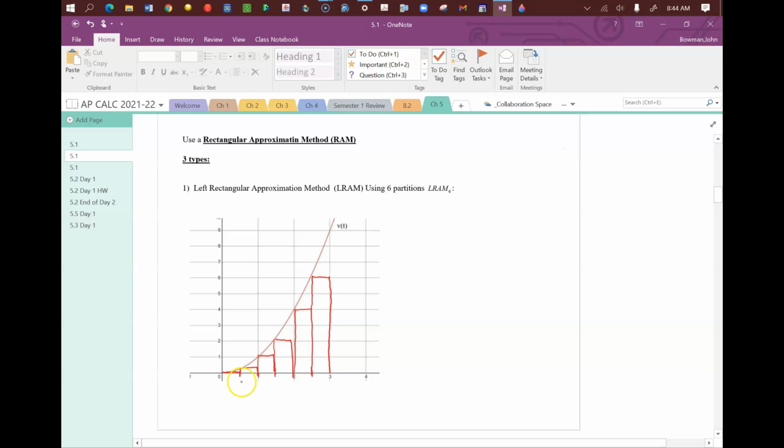And if you count the rectangles, you will see, even though the first one has an area of 0, there are 6 rectangles. So the distance in this case is approximately equal to the width of the rectangle. Each of these rectangles is 1/2 second wide, times the corresponding height, which is based on the upper left-hand corner of the rectangle.